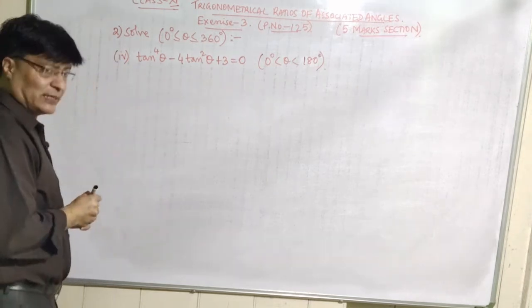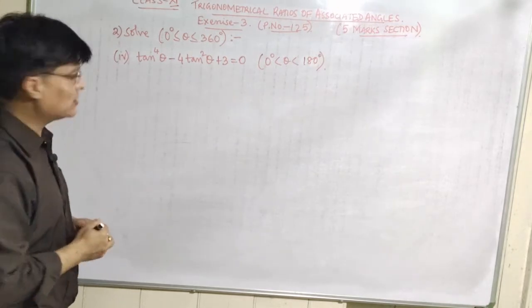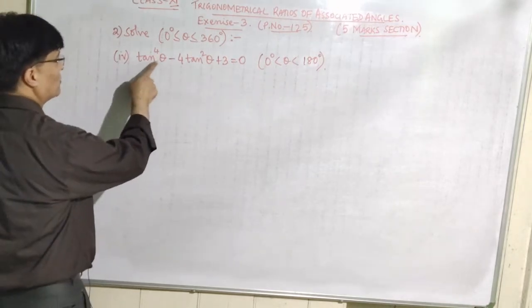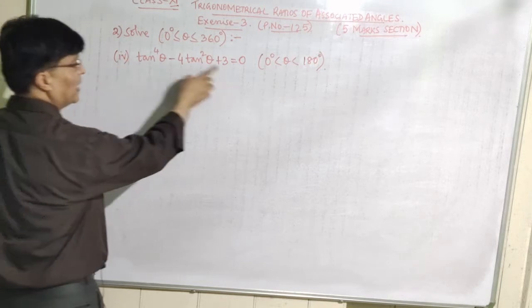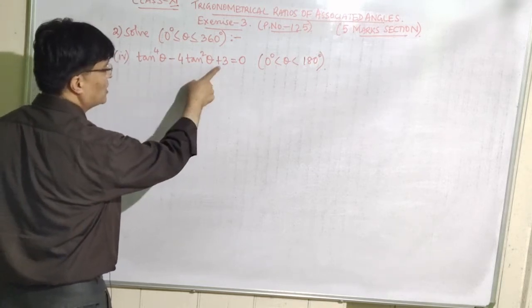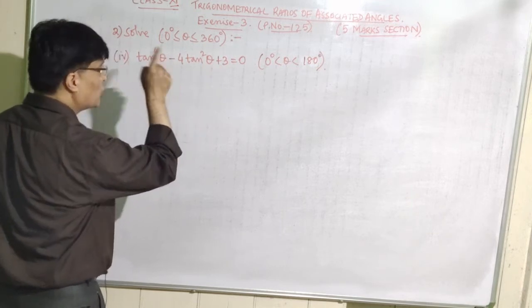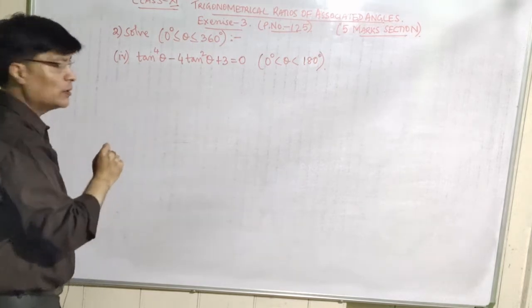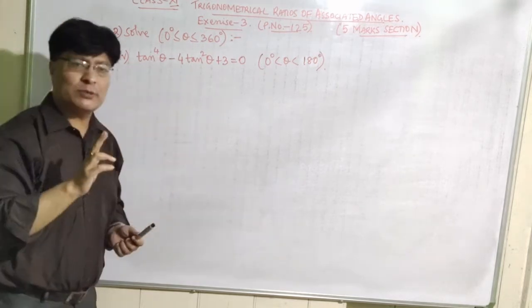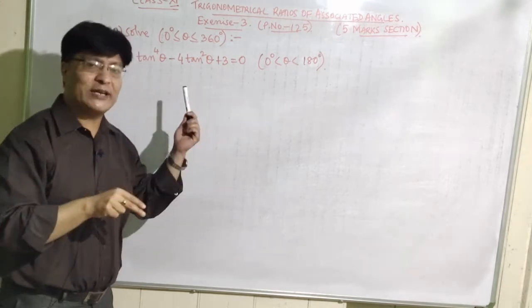Let us factorize it. We can factorize it by middle term breaking, isn't it? What is the coefficient of tan to the power 4 theta? It is 1 and this is 3. 3 ones are 3, and there is 4. If you multiply the two numbers, you should get 3, and after adding those two numbers, you should get 4.